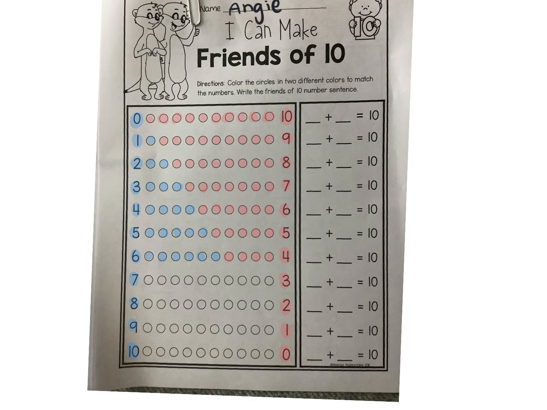What are we going to do on the next row? 7 and 3. On the next row, what do we have? How many blue? 8. And 2.